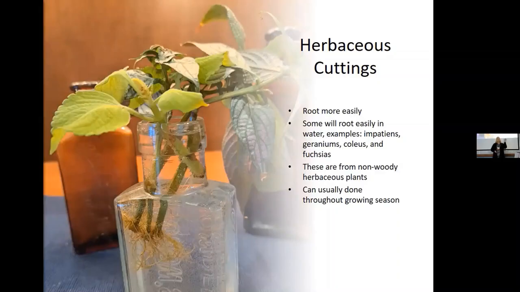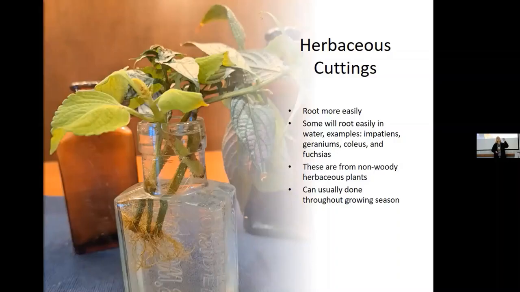I keep a little collection of narrow necked little jars, and you can do geraniums, hardy fuchsias, tender fuchsias, and coleus works extremely well. So it's not just perennials, you can also do some annuals with that. Give that a try.